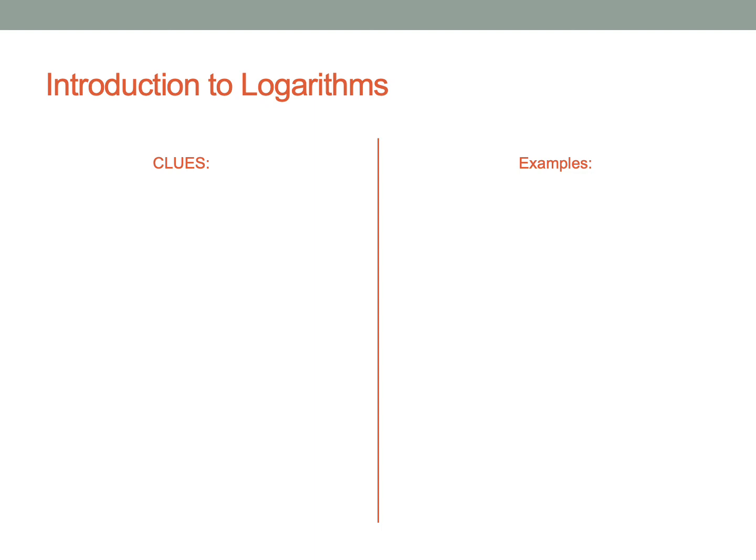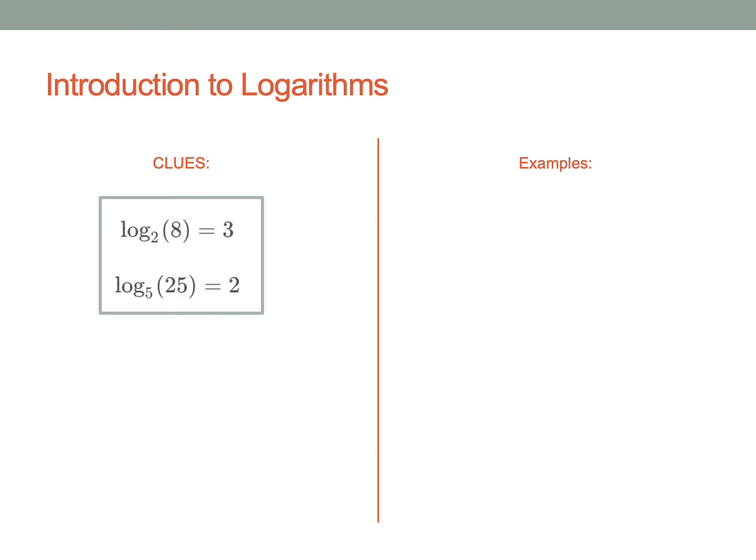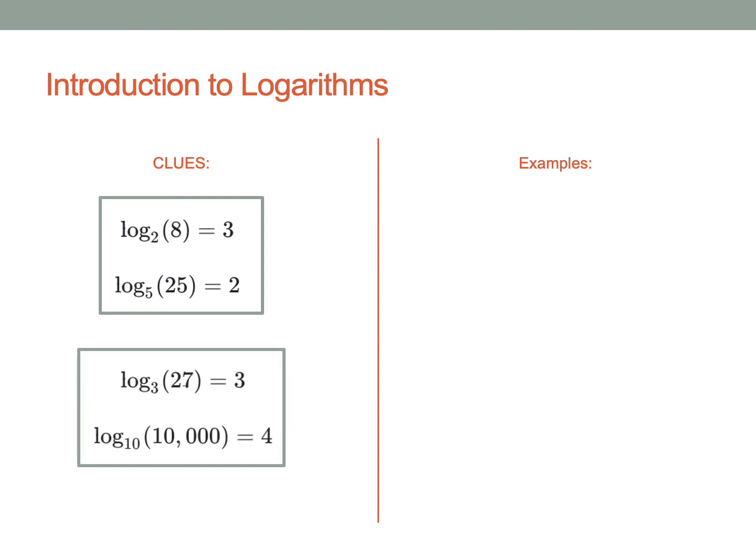So here, we're going to use the clues to determine the missing pieces of these examples that I'm going to show you. So here are the clues. So you got some numbers here. It says log subscript 2 of 8 equals 3, and then log subscript 5 of 25 equals 2, and then log subscript 3 of 27 equals 3, and log subscript 10 of 10,000 equals 4.